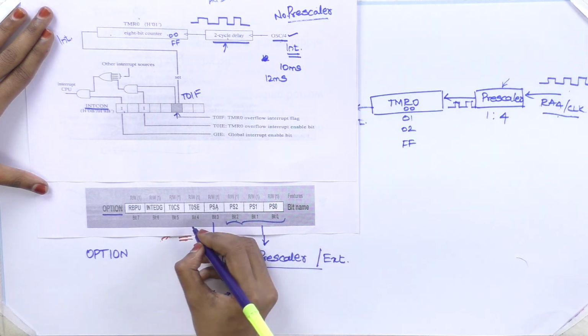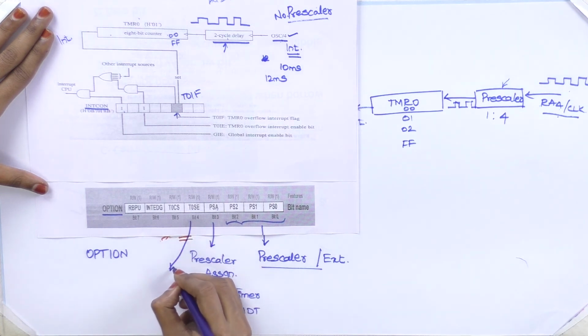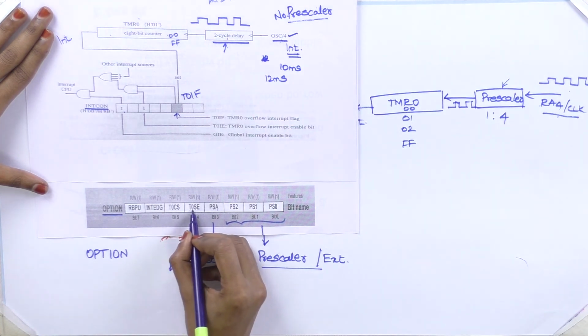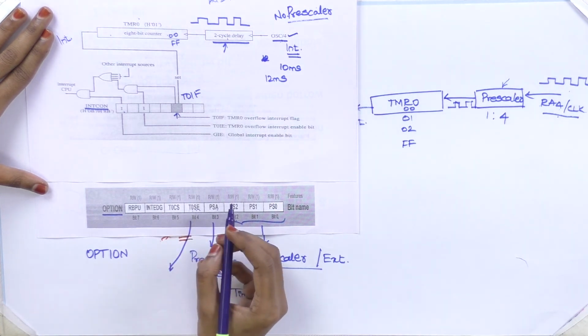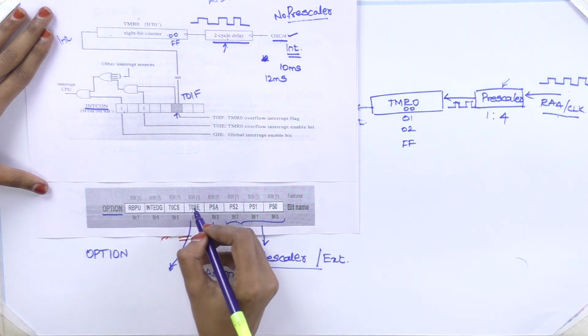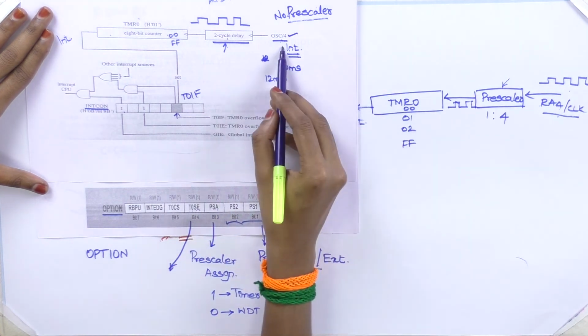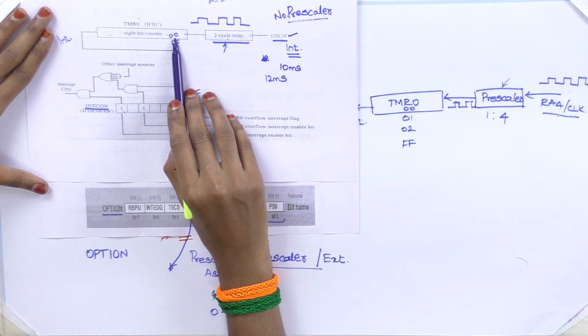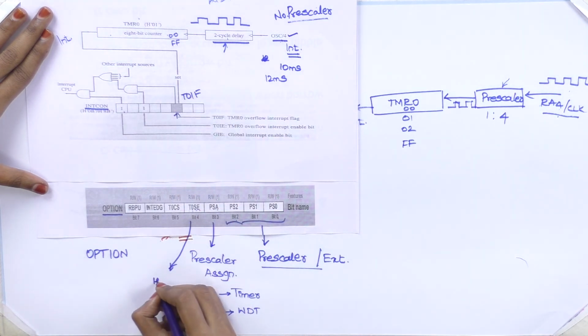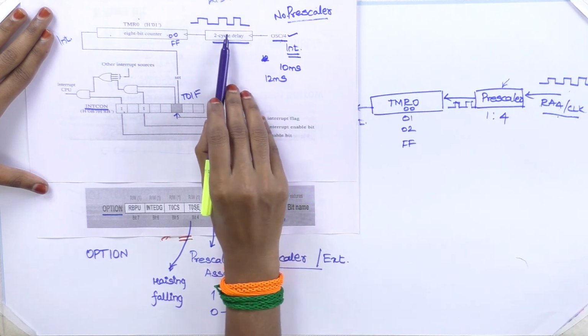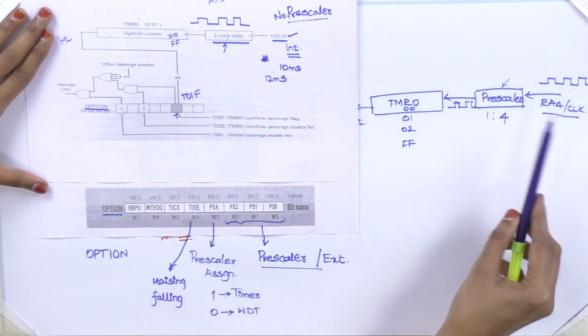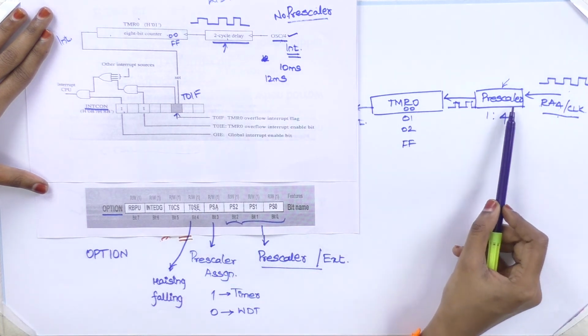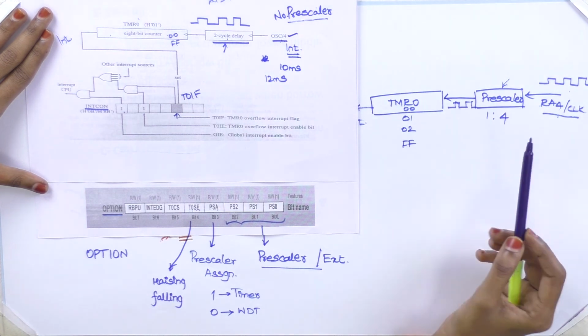And the next thing is timer 0 select edge. Here we are defining whether for the clock pulse that we give to the timer, we are selecting the rising edge or the falling edge. I have told you, for every 4 clock signals, the prescaler will give an output of 1 clock signal.